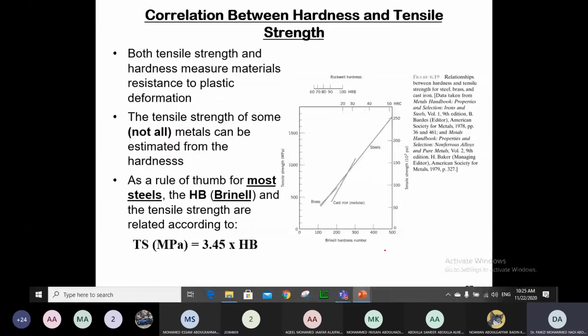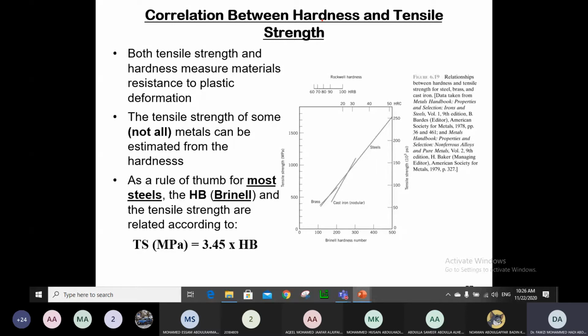One more thing that I wanted to say here is the correlation between the hardness test and the tensile strength, which we said from the beginning of the lecture. Both tensile strength and hardness, basically the strength itself, we said is the ability of the material to resist plastic deformation. And if we want to define hardness, it's the ability of the material to resist localized plastic deformation.